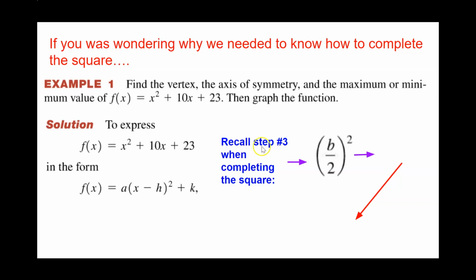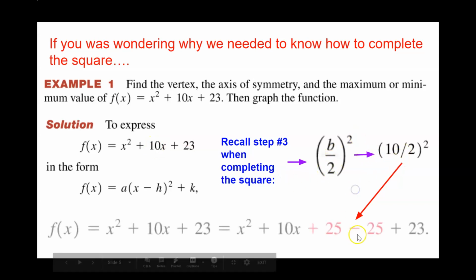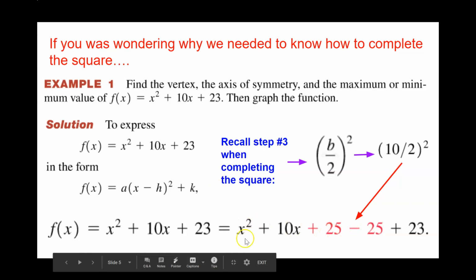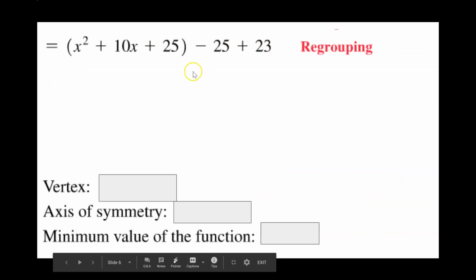But recall step 3, where we take the middle one, b, which is 10, divide by 2, and square it. So that's going to give us 25. Remember to remove the 23. We're going to make a space and insert this inside, because again, 25 minus 25 is 0, so we didn't change the problem any. But we needed to insert this so we can finish off completing the square.